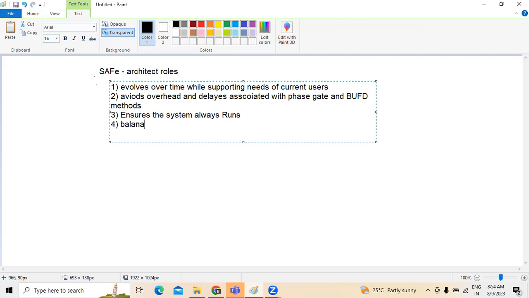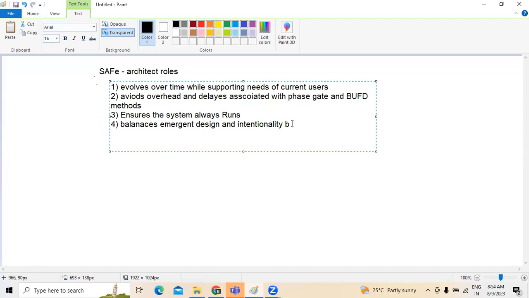Next, it balances emergent design and intentionality. Last but not least, it takes a system view across the full value stream.